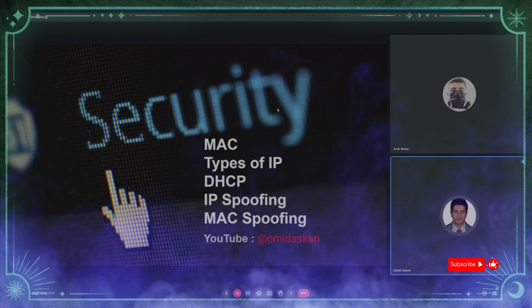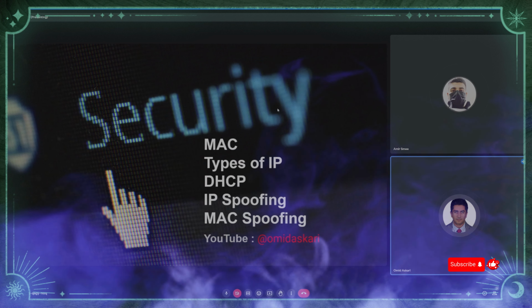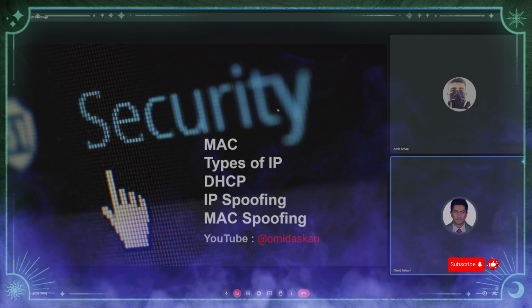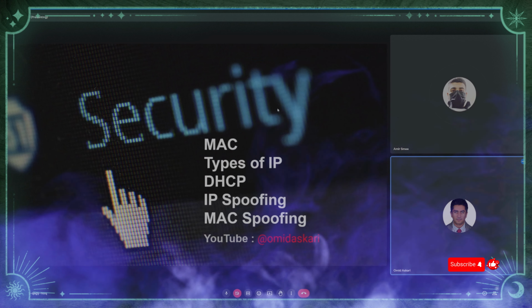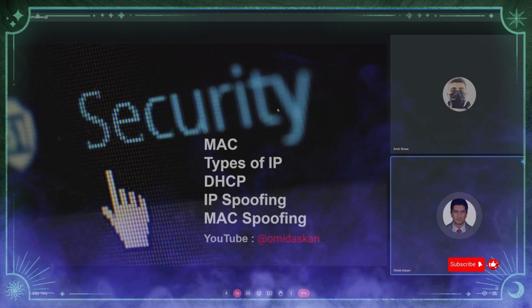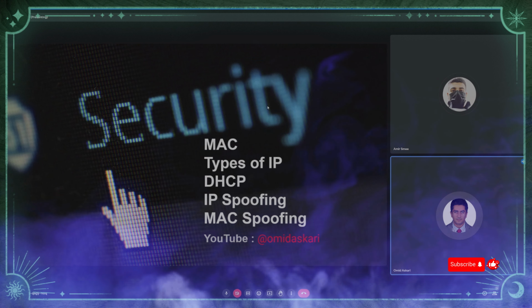Let's say there are two devices connected to a local network: a router with the MAC address, for example, AABBCC112233, and a laptop with the MAC address 112233AABBCC.